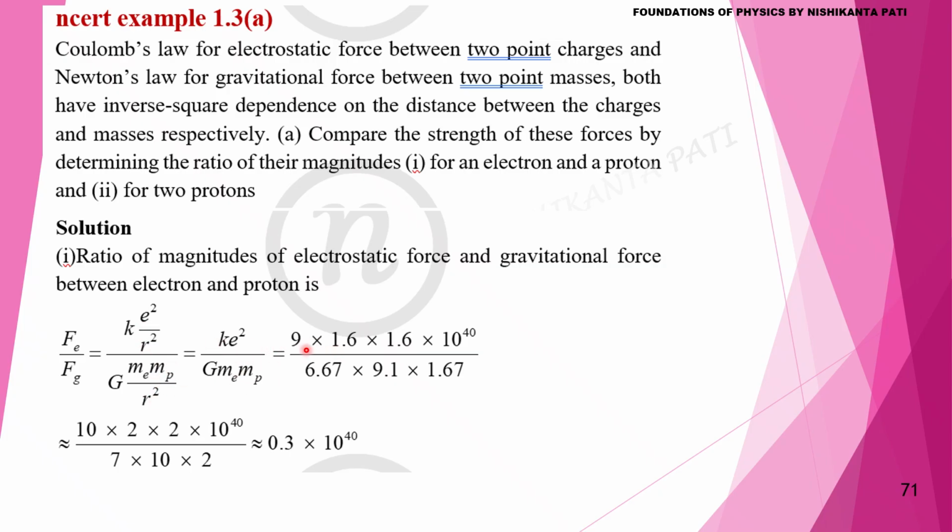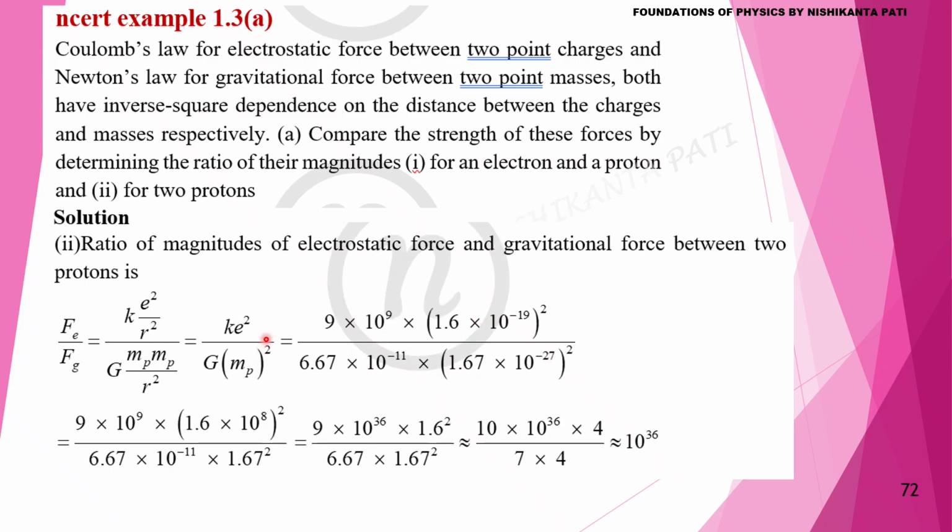K, you know, is 9 into 10 to the power 9. e you know, G value also you know. Putting me and mp, the result is 0.3 into 10 to the power 40. Now the ratio of the magnitude of electrostatic force to the gravitational force between two protons. Same way, here is mp, again also mp.